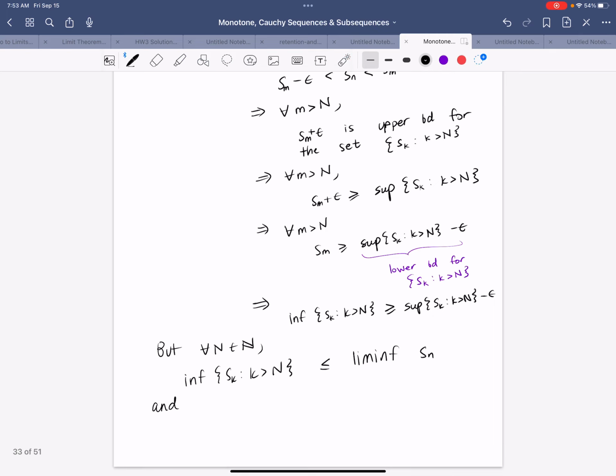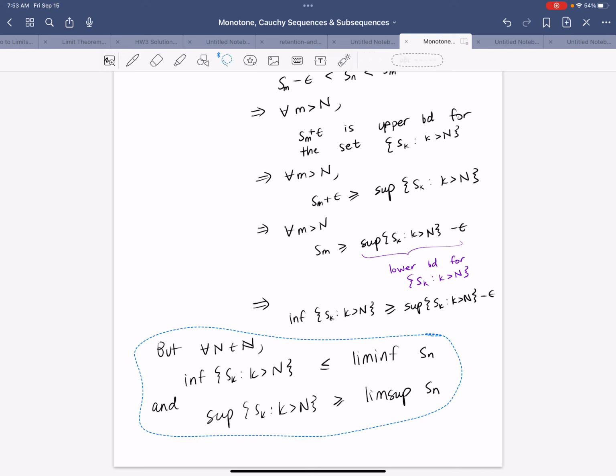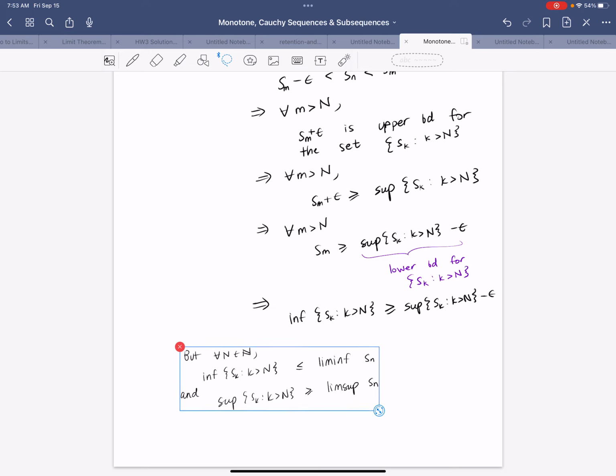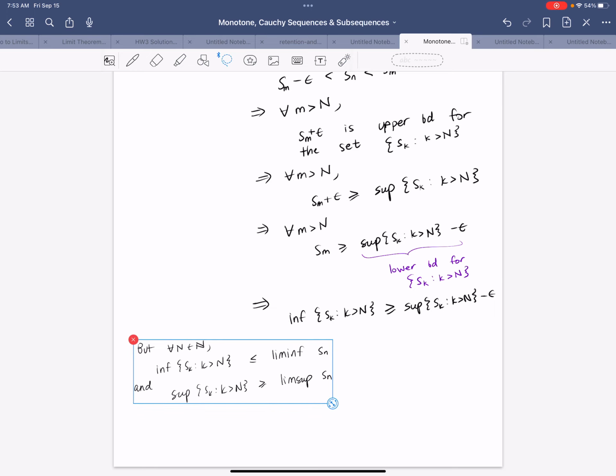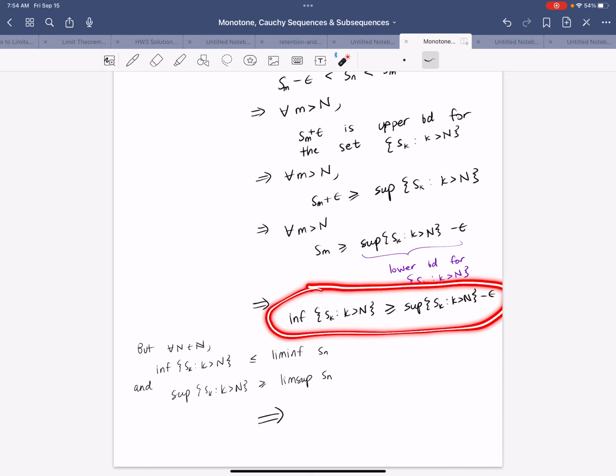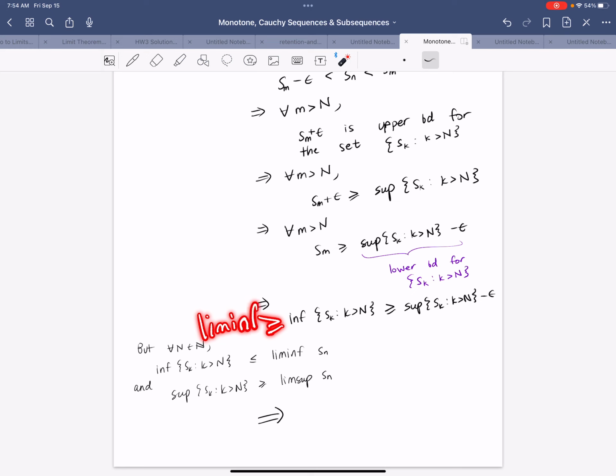So the sup of this tail end of the sequence is bigger than or equal to your lim sup of your sequence. Therefore, this part right here, now remember, the inf is less than or equal to my lim inf, and my sup is bigger than or equal to my lim sup.